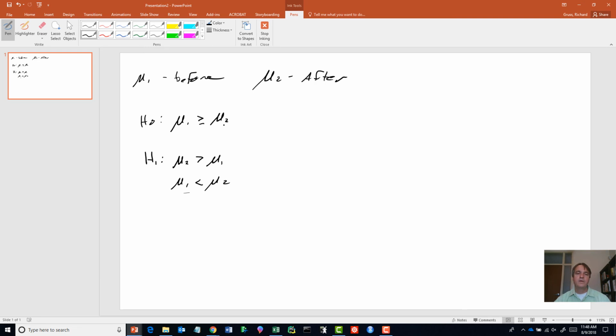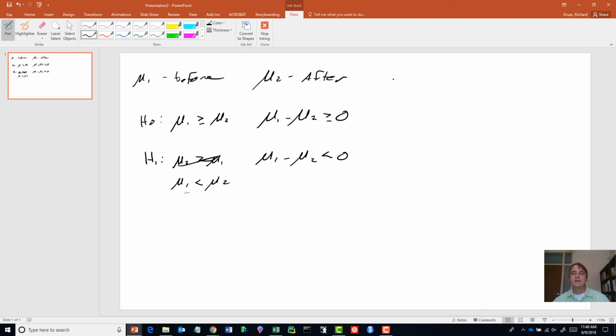Okay, now we can rewrite these a little bit with some algebra. So mu1 minus mu2, we're just subtracting mu2 from both sides, greater than or equal to 0. Likewise, this one, mu1 minus mu2 is less than 0.